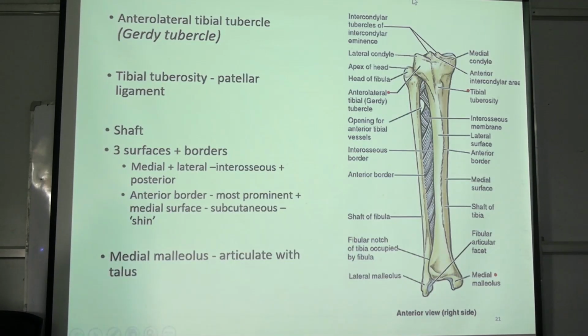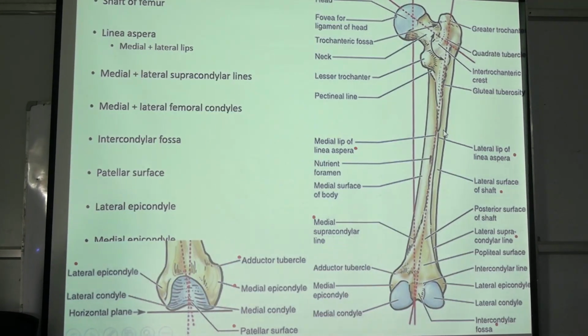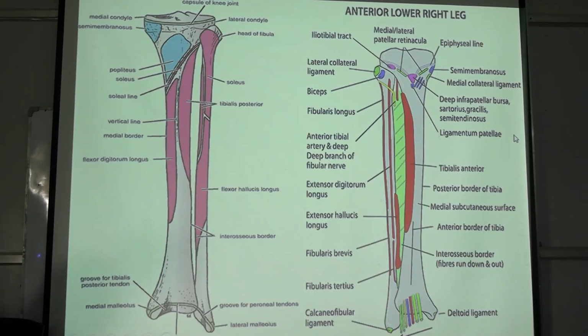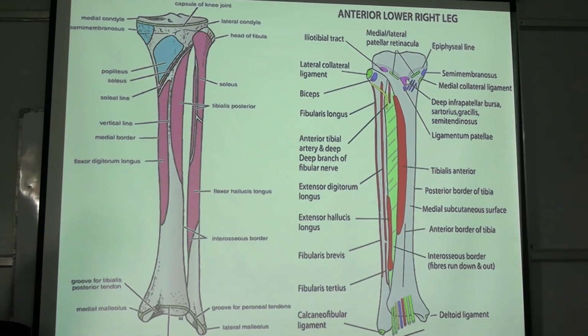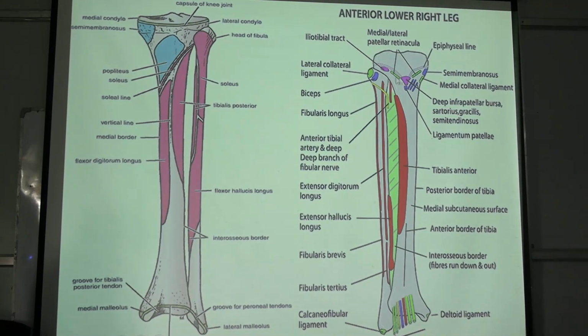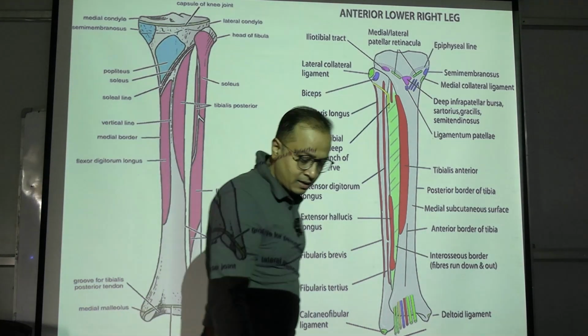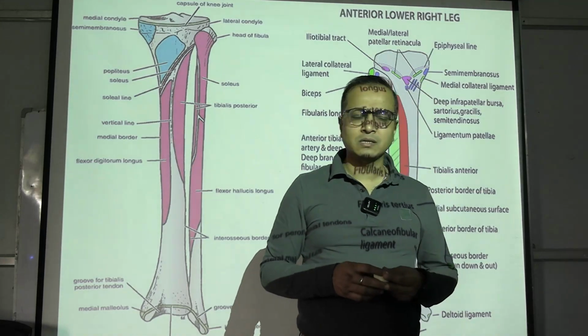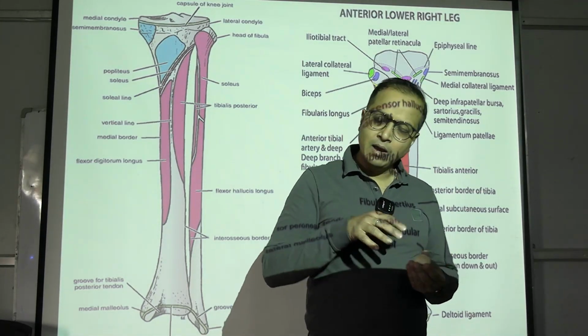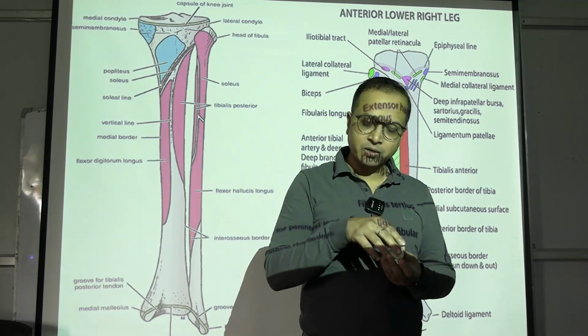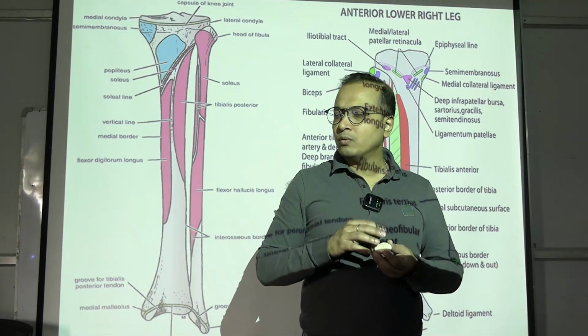It ends on this tuberosity on the tibia, which we call the tibial tuberosity, present on the front side. Here the extensions of the quadriceps end as the ligamentum patellae onto this bone. This bone is easy to identify. All the quadriceps muscles anchor into it. All three vasti, medialis, lateralis, intermedius, and the rectus femoris have tendons that span out.